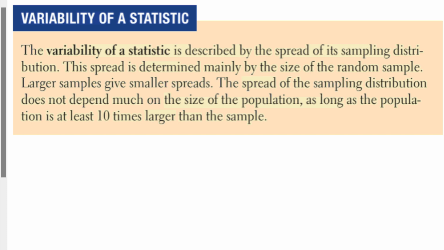The spread of the sampling distribution does not depend much on the size of the actual population, as long as the population is at least 10 times larger than the sample itself. Okay, so just a reminder, we want our n to be less than 10% of the population.